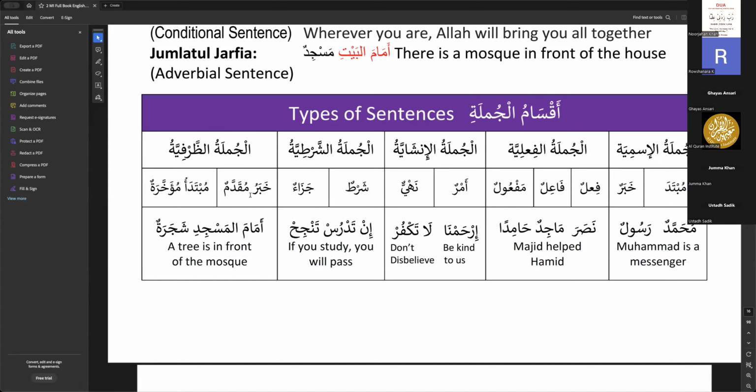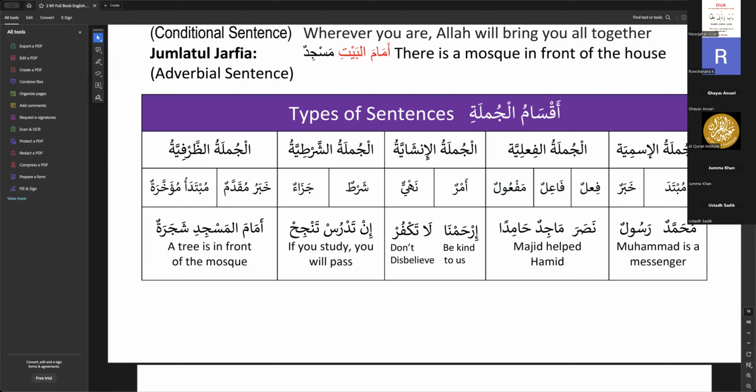So what is Khabru Muqaddam and Mubtada Muakhar? I say خبر مقدم. It is Khabar Muqaddam. The predicate. One at a time, please. The information part is coming before the noun part here. So general sentence is like the noun, the subject, comes first. Here they are switched.